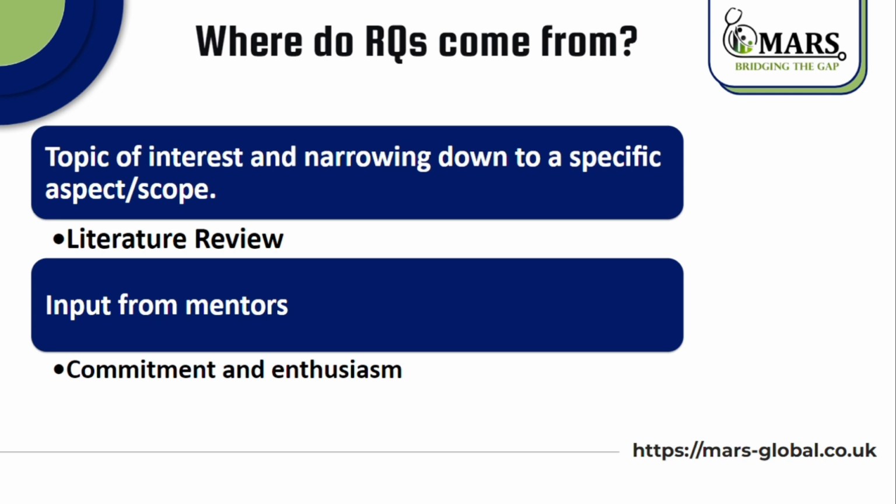The topic of interest, as I mentioned, is one of the most important things, and based on the literature review, we can decide which topic we are mostly interested in, and then narrow down to a specific question or scope that we want to highlight.